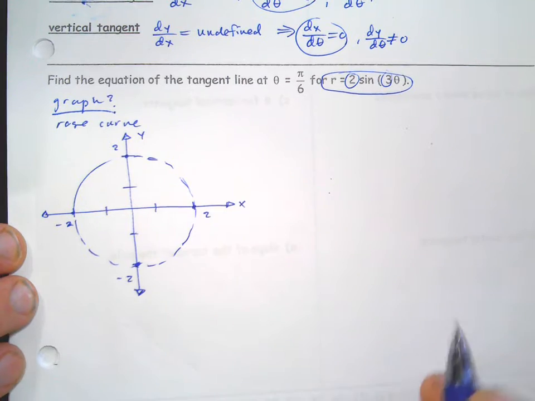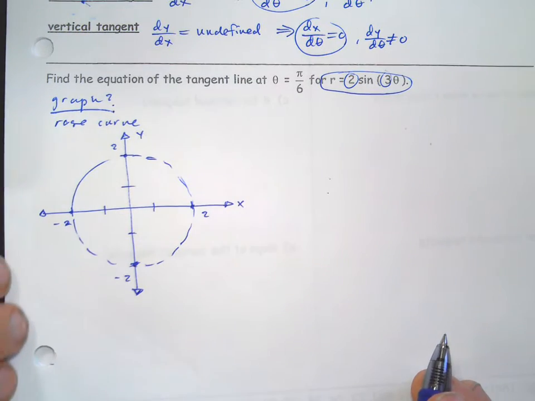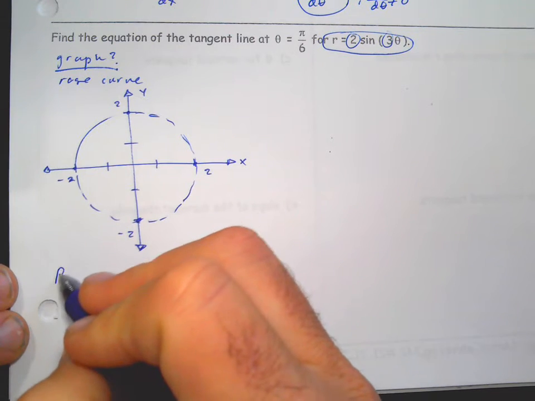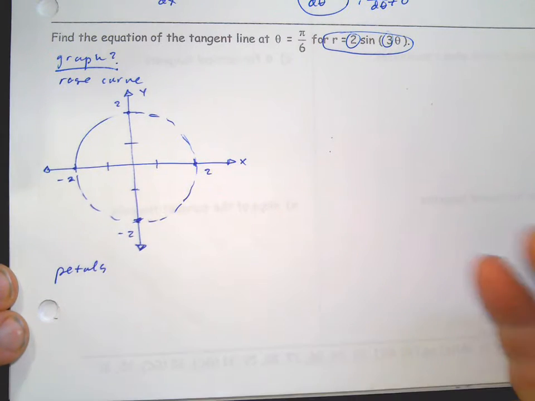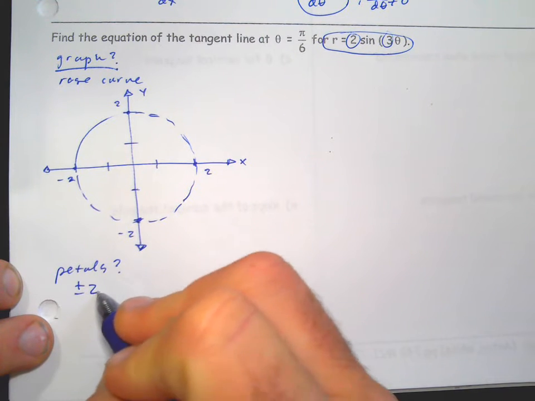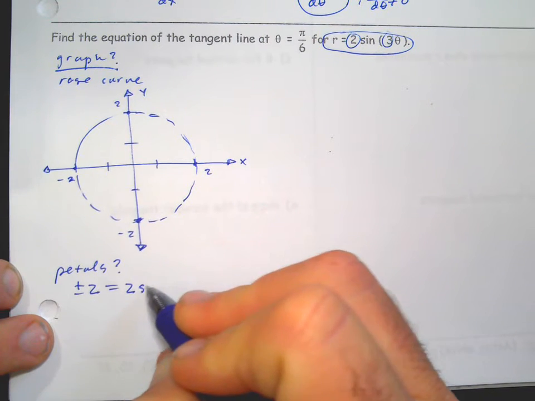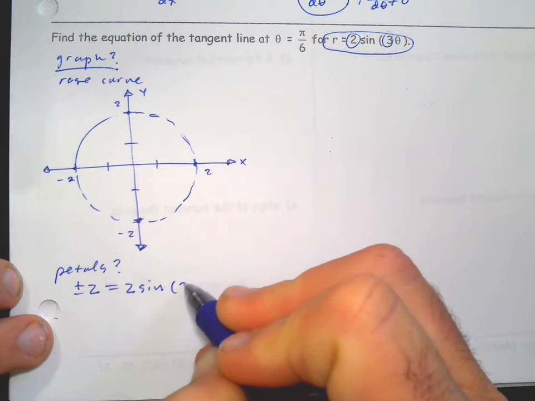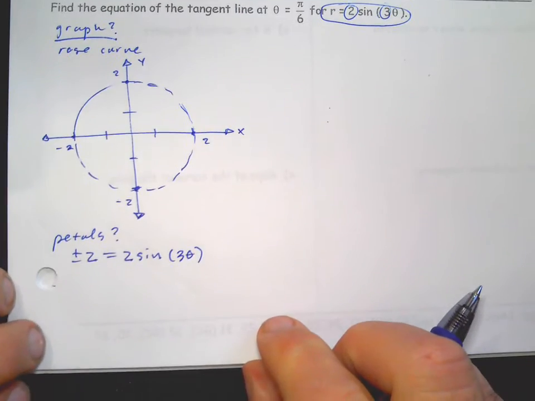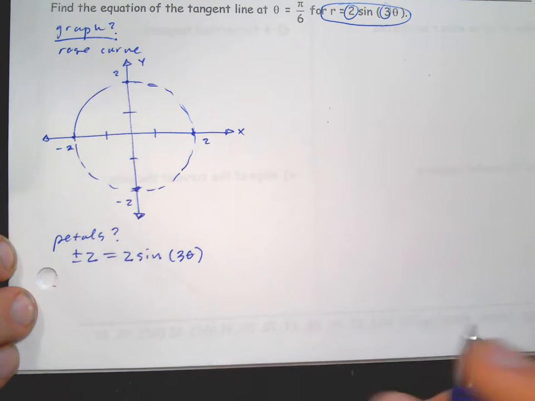All right, so there you go. And then I'm going to try and figure out where the tips of the petals are, just the center of the petals. You're going to set the radius equal to the extreme radius of the rose curve, which is going to be on the edge of that circle.